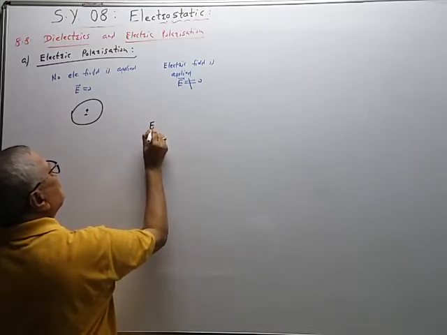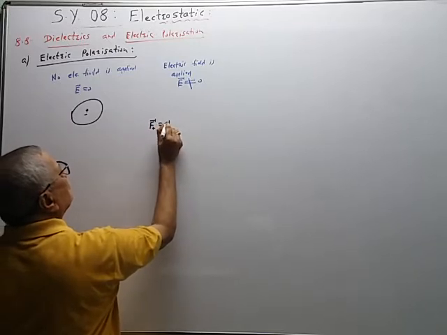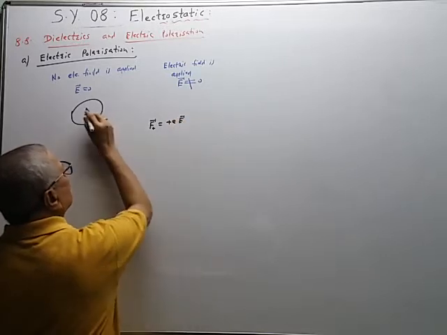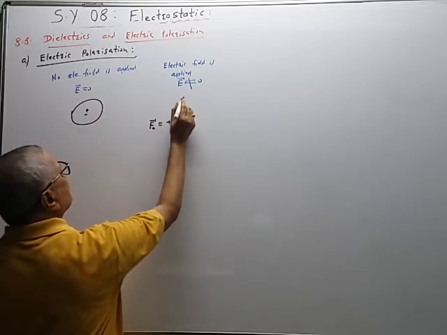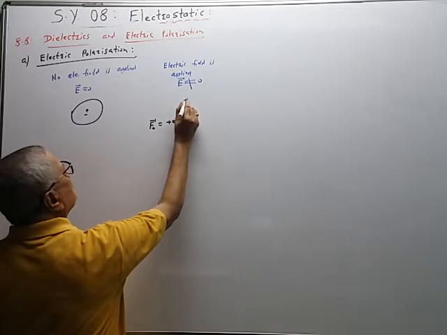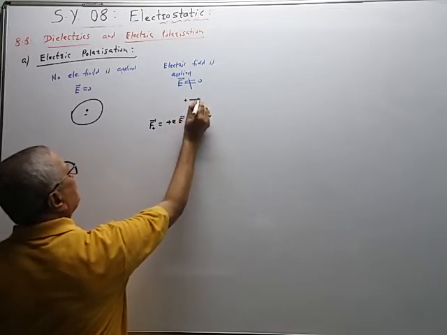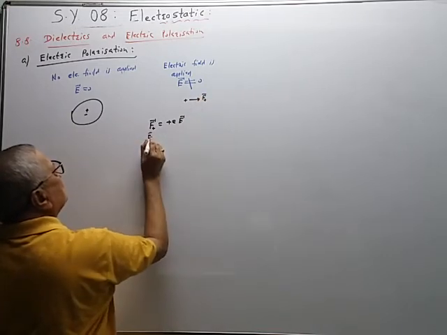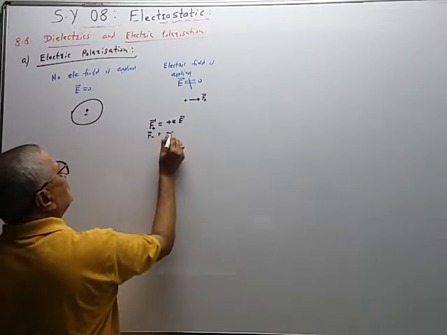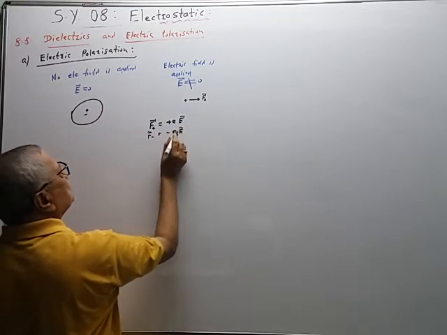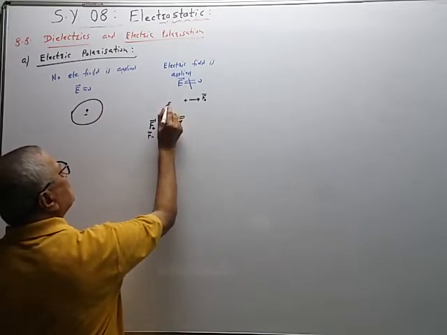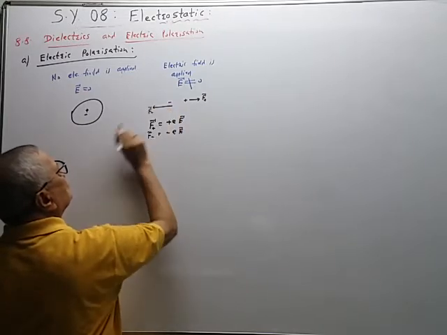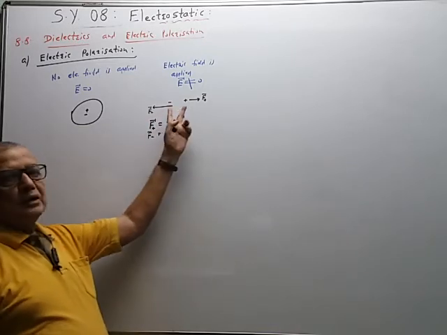So F positive is equal to plus e into electric field E. So this positively charged proton will move in this direction due to the force F plus, and the force acting on the negative charge is equal to minus e into E. It is opposite to the E. So this negatively charged electron experiences the force in this direction, and these two forces are in opposite direction.